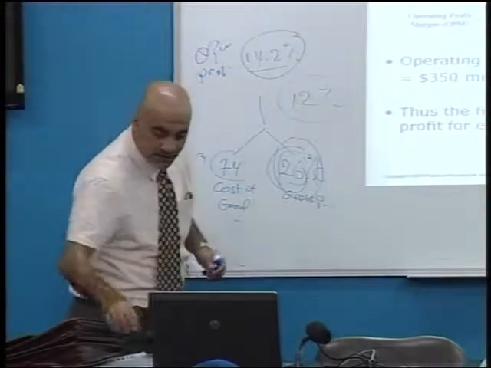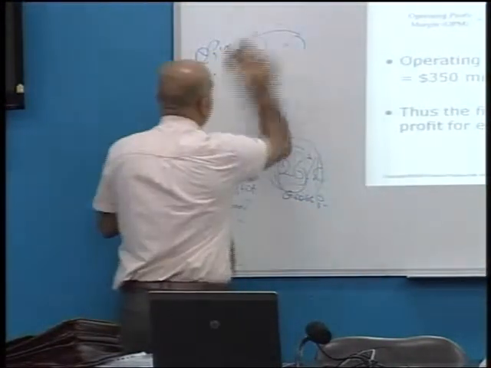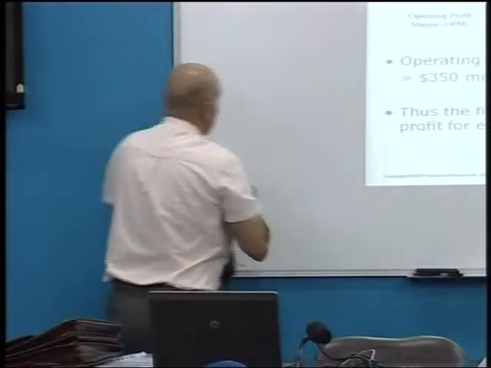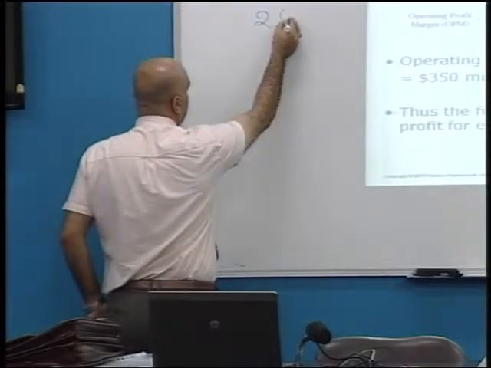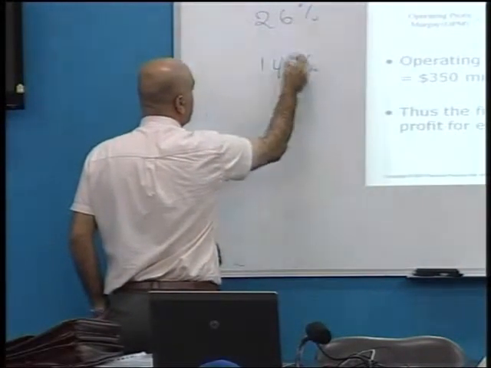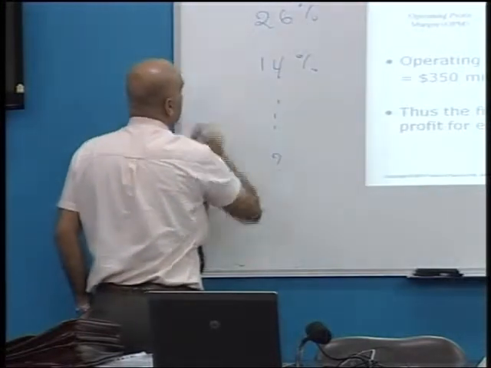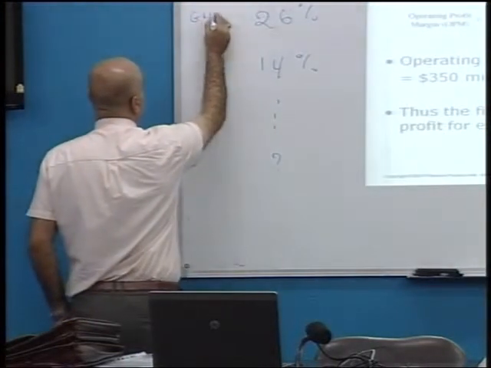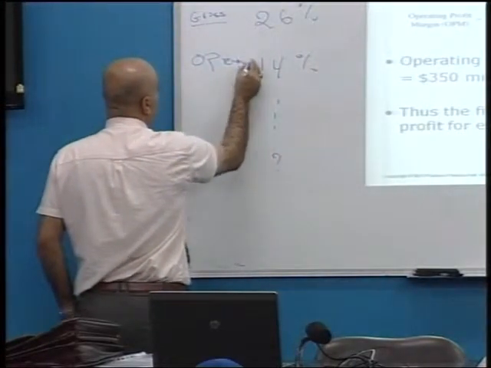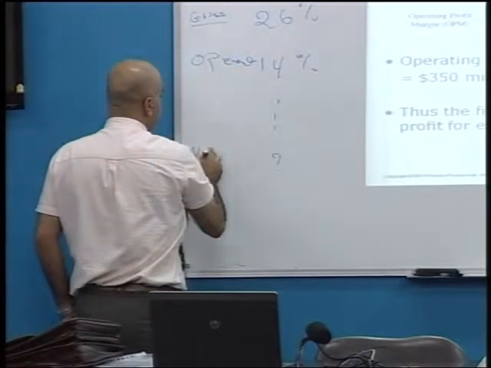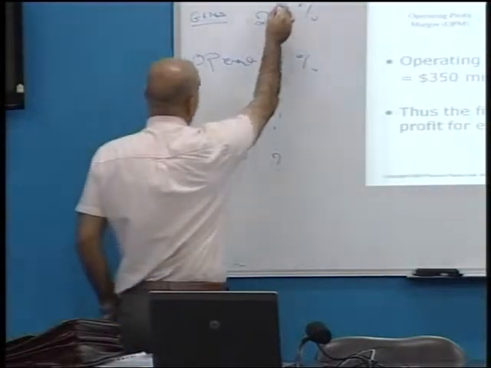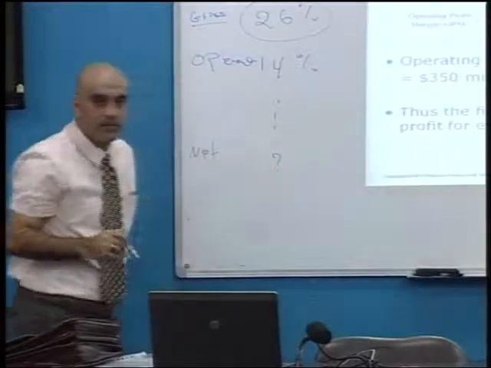So think, when you are analyzing the profitability ratios, the first is 26%, then we have 14%. So this is the gross profit margin, this is the operating margin, and this is the net income margin. The idea is, this is the most important one. Why?